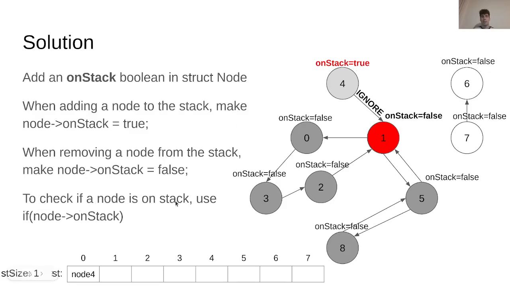Now, to check if a node is inside the stack, we can use if node on stack. When we add a node to the stack, we make its on stack true, and when we remove a node from the stack, we make its on stack false.